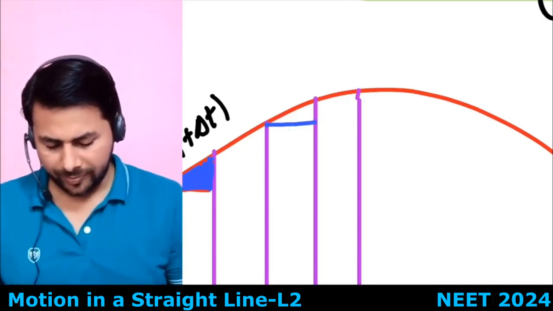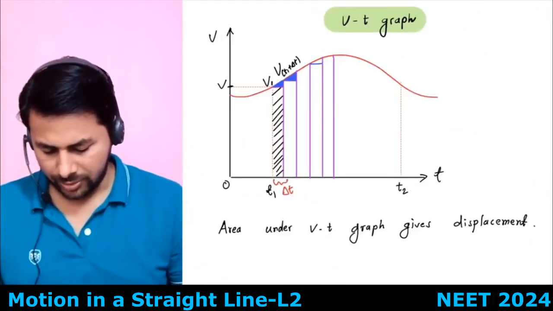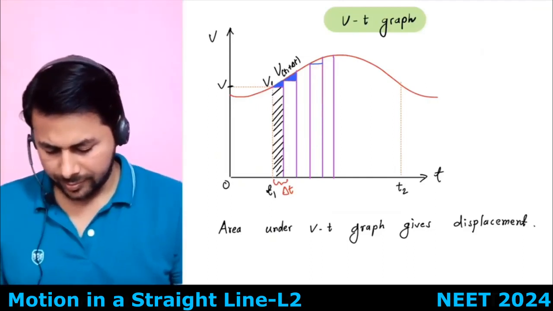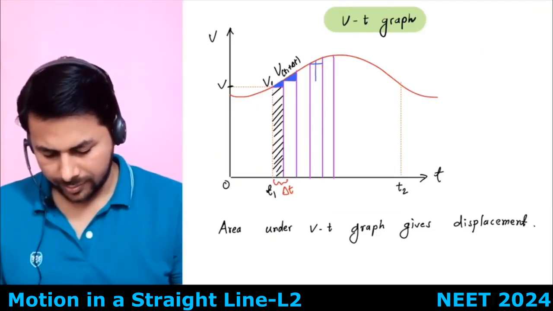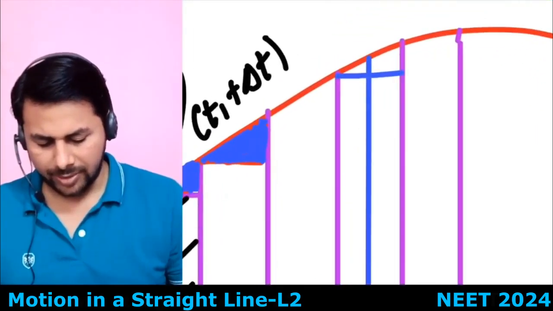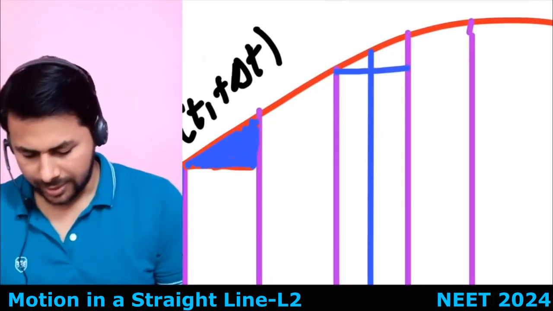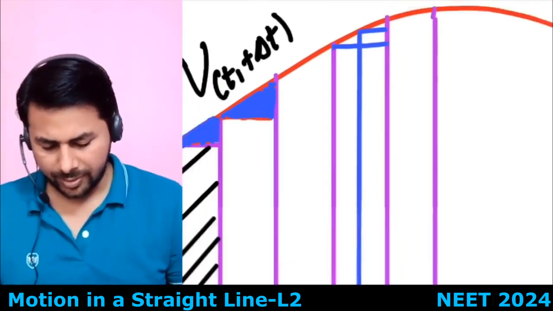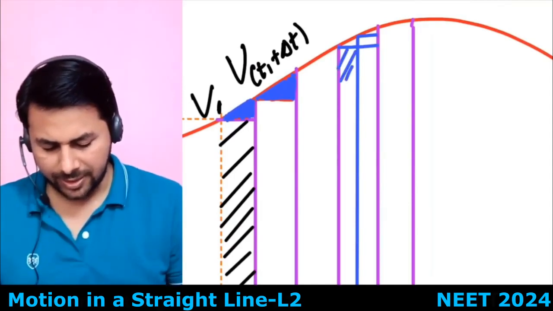You will get the area of one rectangle which looks like this, and I'm breaking this interval into two parts. So what will happen now? I will get the area of this rectangle. This is the first rectangle.